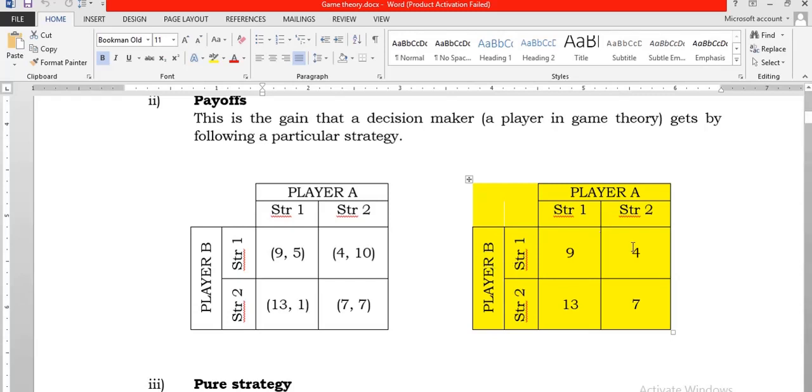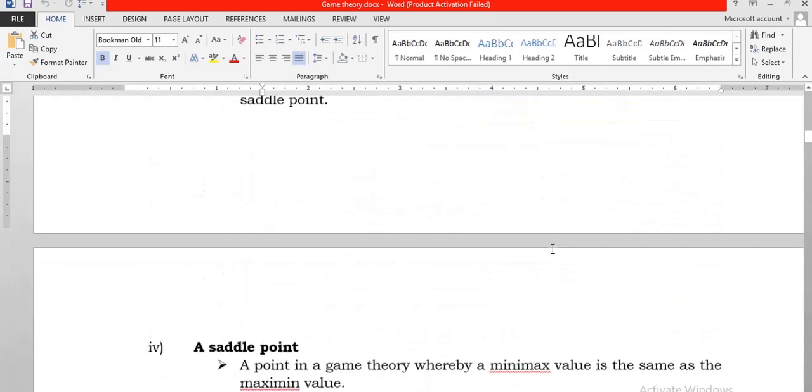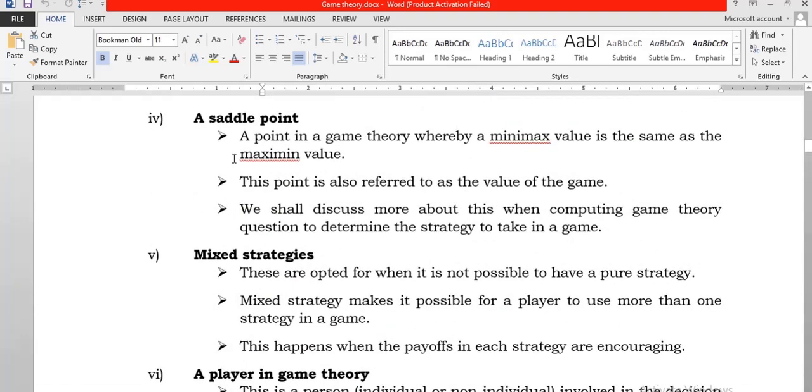But in the process of player B trying to win, player A will try to stop player B from winning. So there are some gains player B is about to get, but these gains are considered to be the minimum possible gains. So in the process of maximizing the minimum possible gains, we arrive at what we call a maximin value.